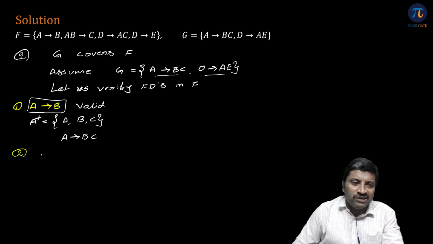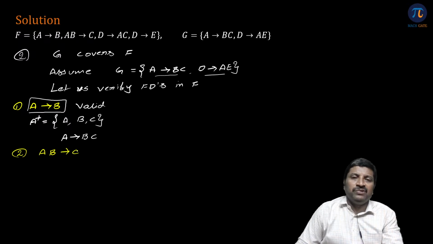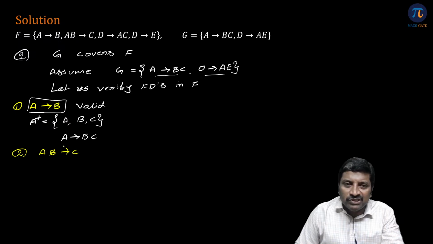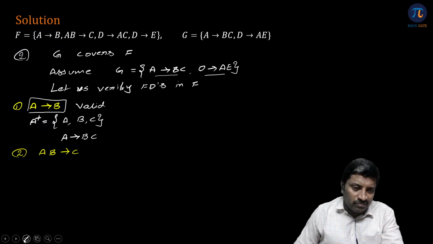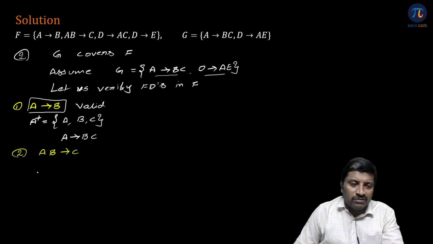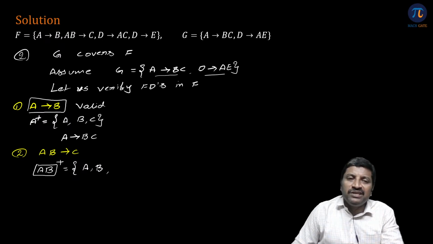Am I right, sir? So what is the second functional dependency we need to verify? The second functional dependency is AB implies C. It is not directly present in G. So let us find the closure of the left side. What is the left side, sir? AB. So let us find the closure of AB. With the help of AB, I can get A as well as B. Anything else we can get, sir?